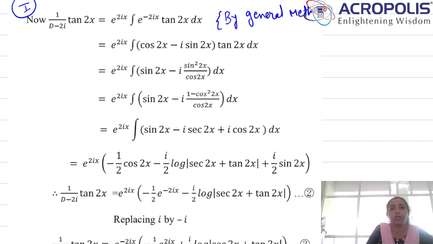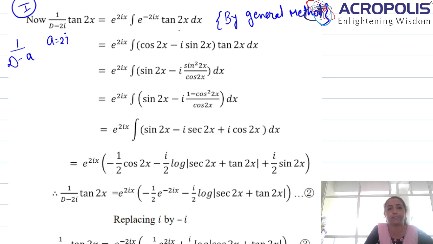As I have already mentioned, by the formula of the general method, this is equal to 1 upon D minus a. So here the value of a is equal to 2i, so that we can write it as e to the power ax, that is 2ix, integration e to the power minus ax, that is 2ix, dot f of x, that is tan 2x dx.